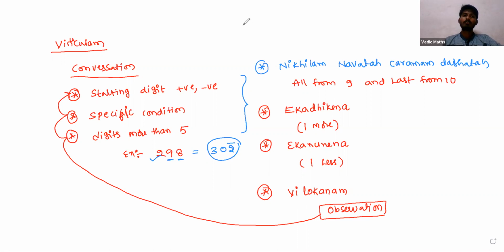So before going to see the conversion, let us see why we are using the Nikhilam Navatashcaramam Dashatah sutra. For example, 400 plus 34 here I'm adding. So your answer will be 434. Now you can see exactly this 0 is replaced with 3, this 0 is replaced with 4.